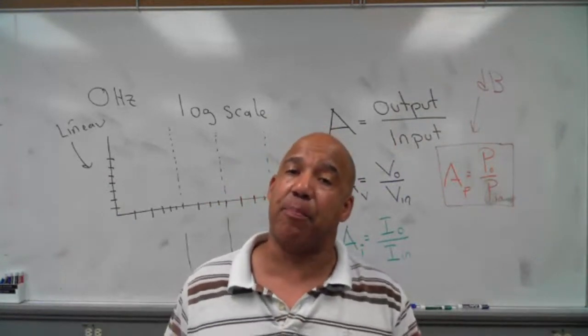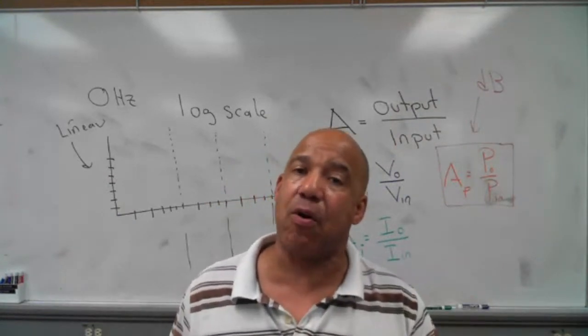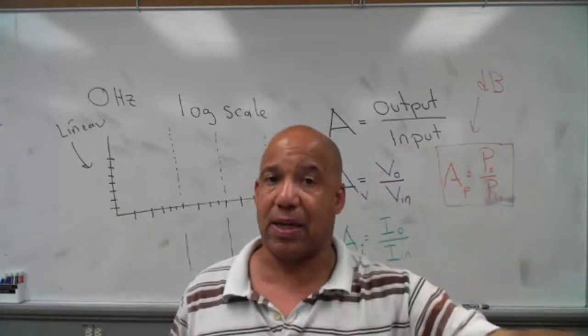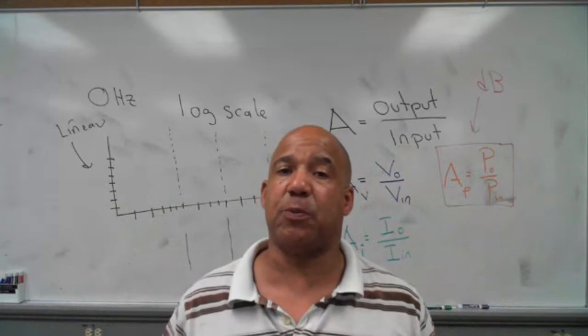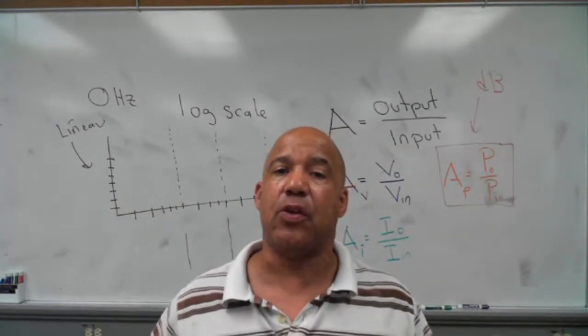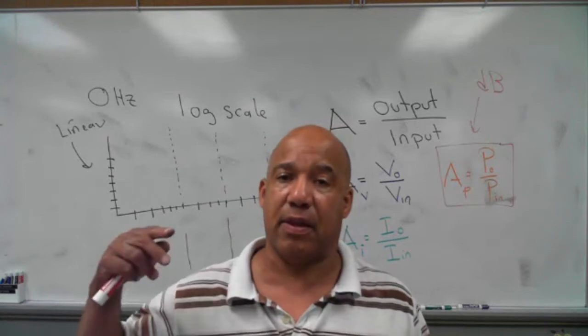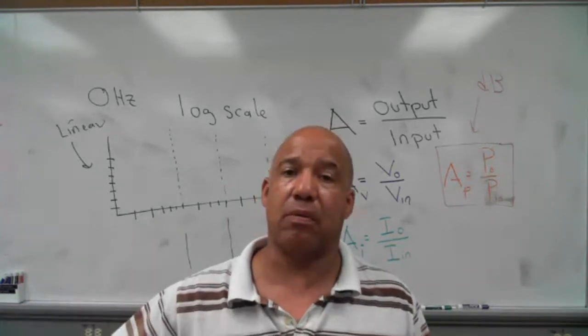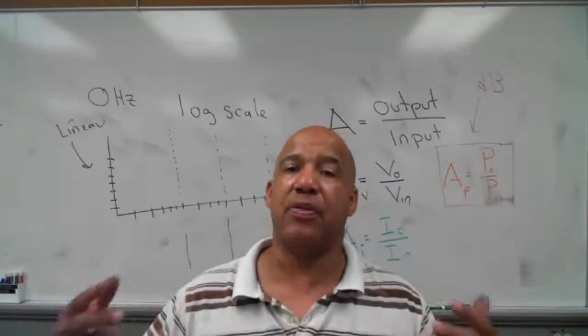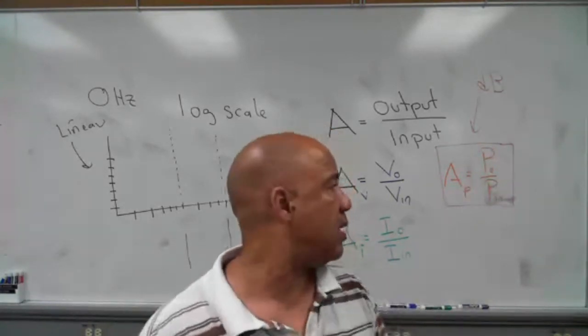True gain means you have an increase in power. I start out with a small amount of power and I get out a large amount of power. For true amplification to take place, you must have an increase in power. It doesn't matter what the voltage and current are doing. If there's not an increase in power, then you don't have amplification.